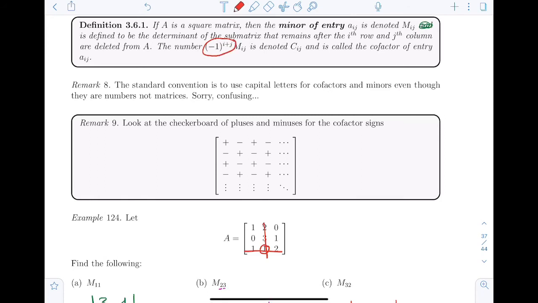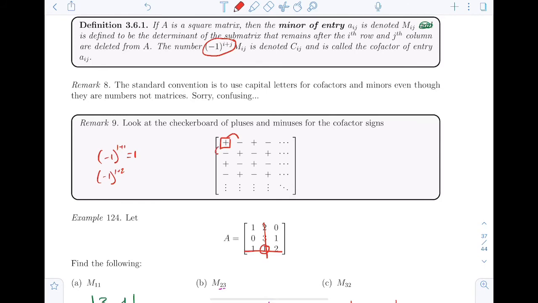Now, let's just think about what that is. In the 1,1 spot, negative 1 to the 1 plus 1, it's 1, right? And so that's just a positive. Now, every time you move over one entry, that's going to be negative 1 to the 1 plus 2. When you add one more, it becomes negative.